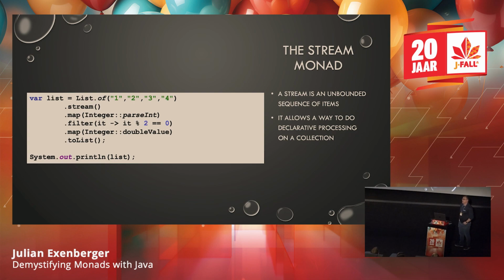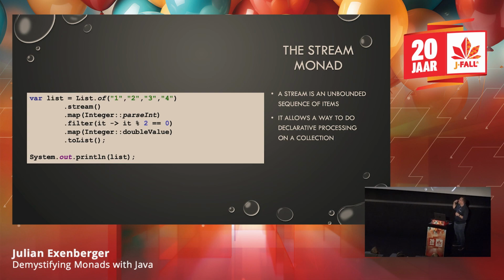Then the other one that's quite common is the stream monad. So a stream is basically a sequence of potentially unbounded items. That could be a collection, it could be an array, it could be a single value if you wanted to. I've written some code, for example, to wrap a result set from a database as a stream.